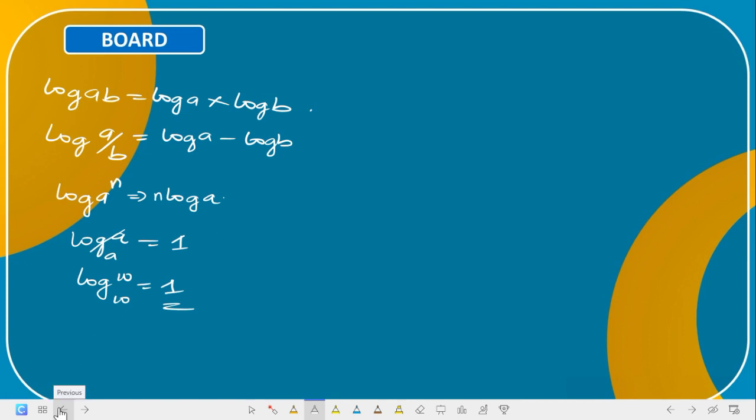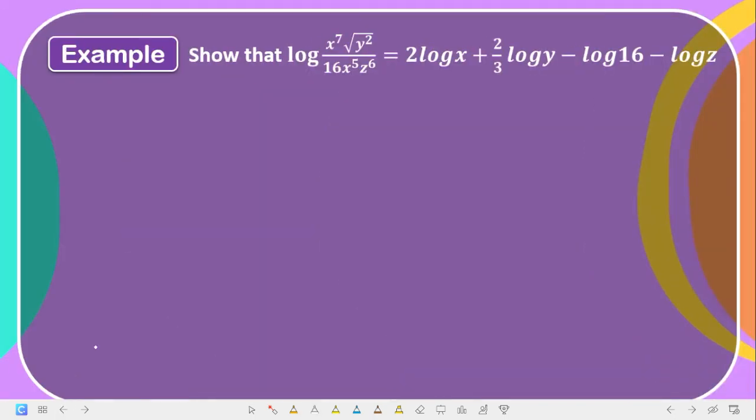So let's go back to that question and apply everything that we just learned. Now, the question says show that log this is equal to this. Having known everything that we just did, what we are going to do is use this log to open through everything.